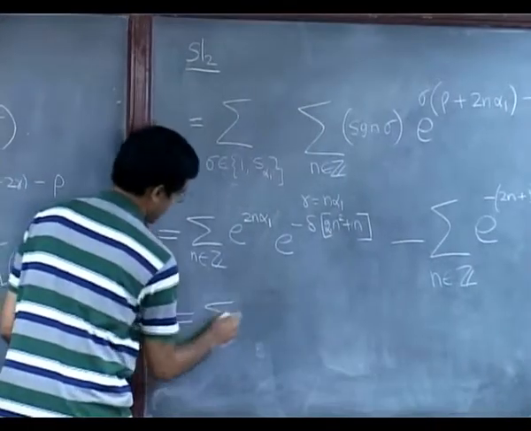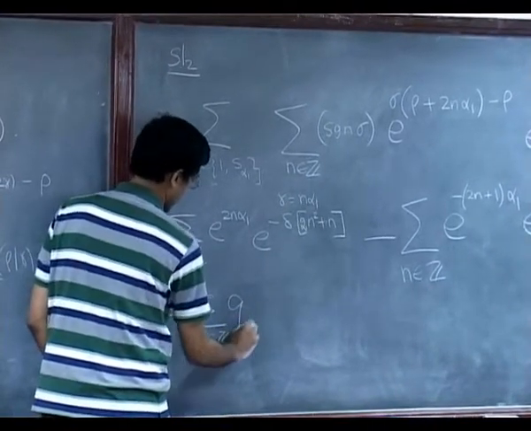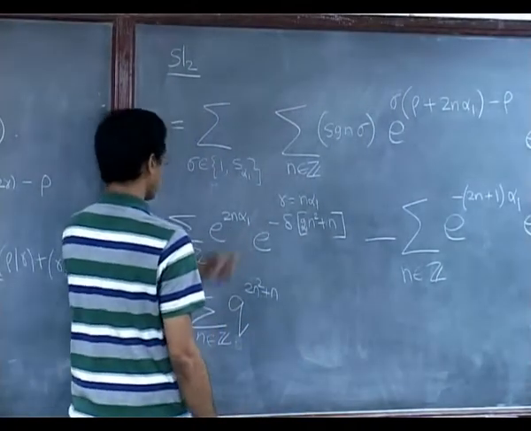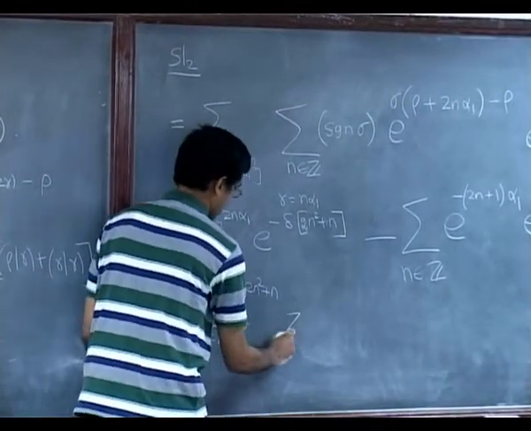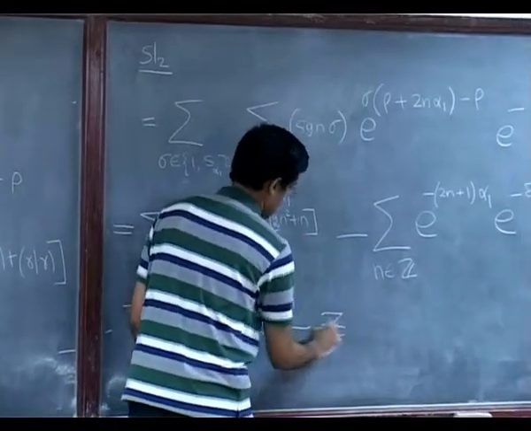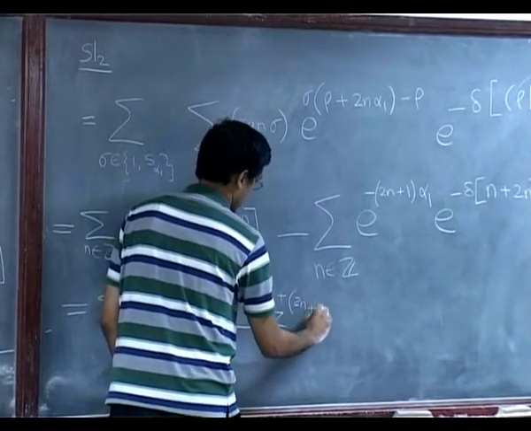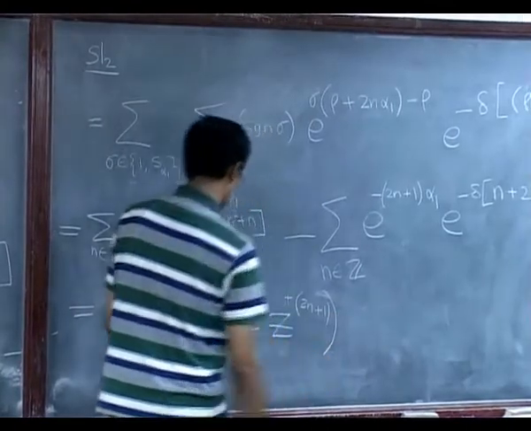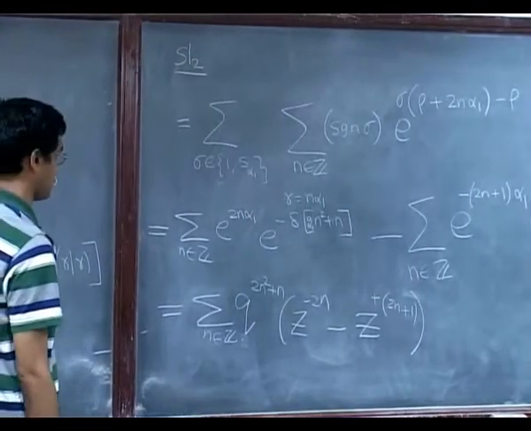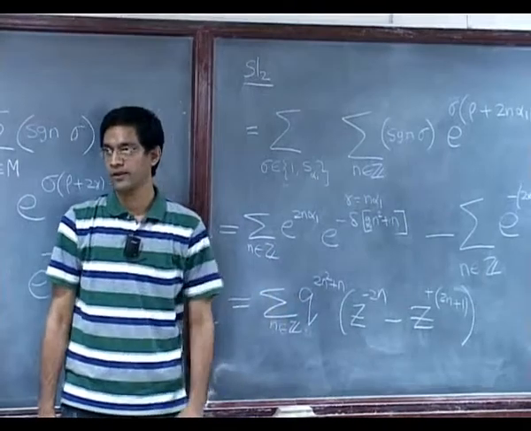This now becomes summation over all n in Z of q to the 2n square plus n, times z to the minus 2n minus z to the minus 2n plus 1. Okay, that's what I get for the sum side of the Jacobi identity.